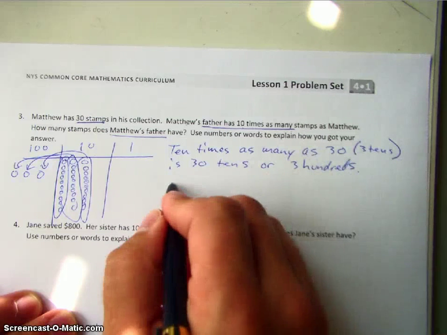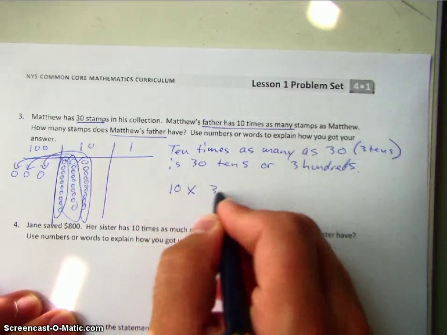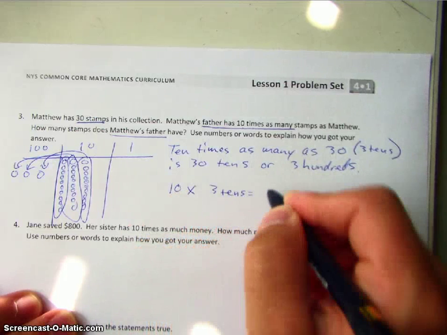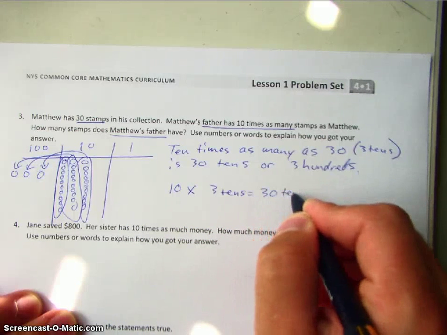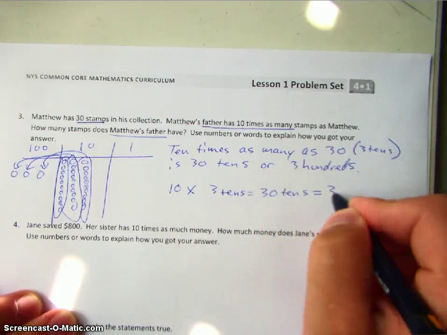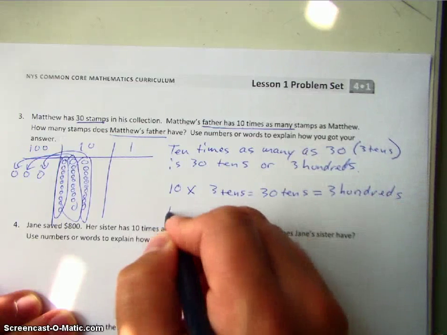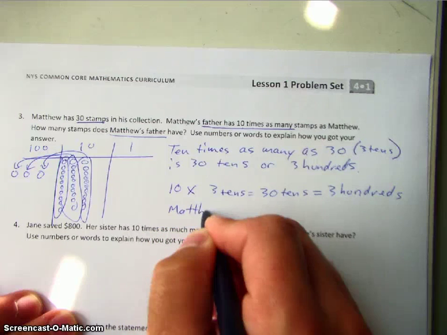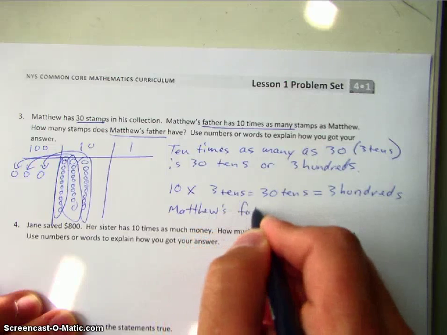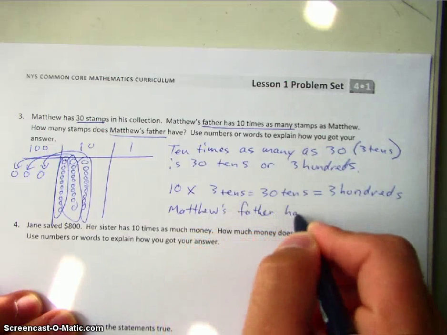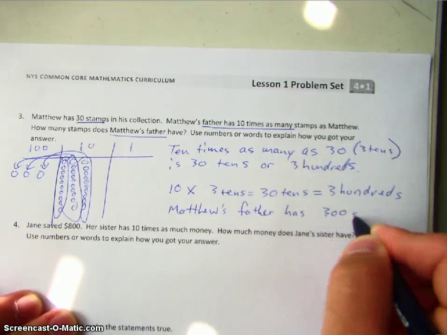Basically what we did is 10 times 3 tens, which got us our 30 tens. We made our bundles and ended with 300s. So Matthew's father has 300 stamps.